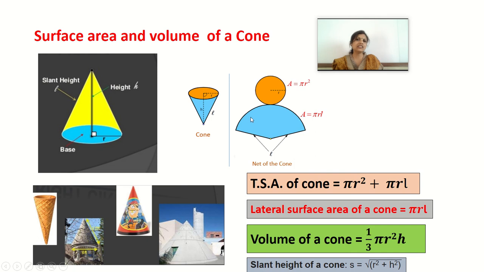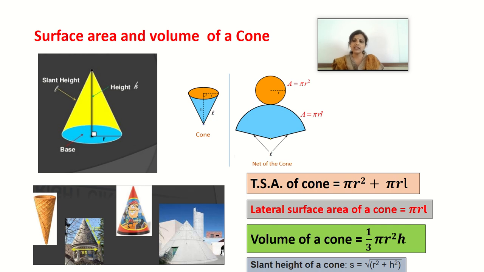And we will be learning this a little later, but just keep in mind it's the sector of a circle and its formula is pi r l. So total surface area of a cone is equal to pi r square plus pi r l.